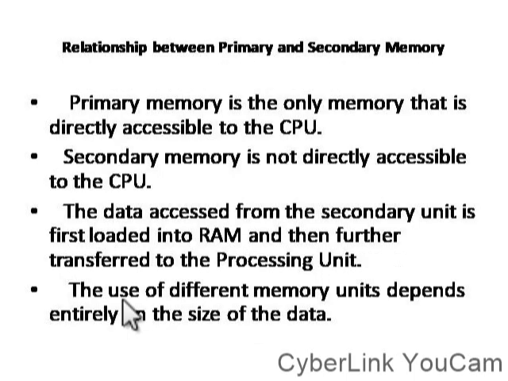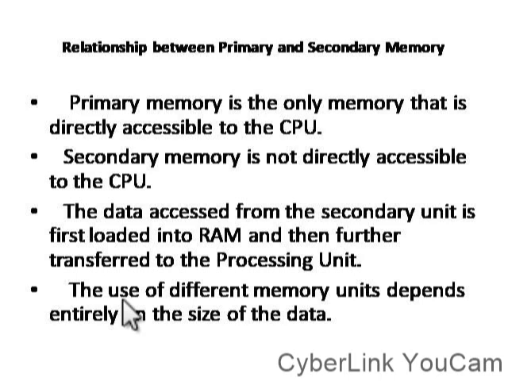So let us see what the relationship is between these two, because primary memory is necessary and secondary memory is also necessary, and the relationship shows how both of them depend on each other.